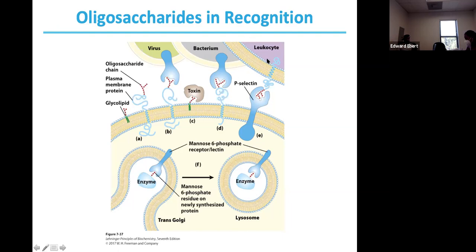We can also have maybe a leukocyte that's going to come in there and maybe activate a macrophage or something like that. Various toxins can bind into some of these signals in here. And of course, we can have enzymatic activity. We can have endocytosis that can lead something in there. So really what we're talking about here is that our oligosaccharide chains play a key role in recognition.